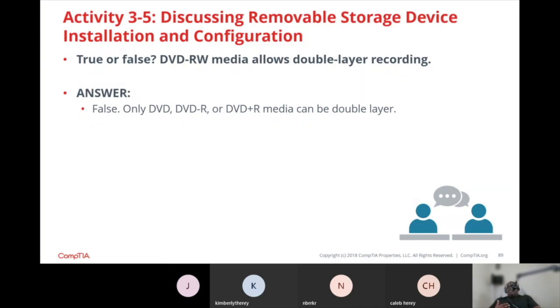So why would DVD RW only be single layer? Because of the writing component. Yes, it has to rewrite. So if you only had to write to it once, getting to that second layer is a lot harder to keep doing over and over again.